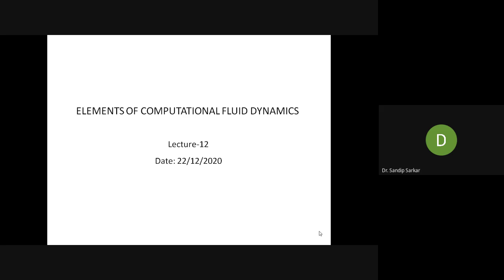So for that, we have started a discussion that there is a popular method for the solution of two-dimensional flow problems, which we call the stream function vorticity method. That is the method by which we can solve the nonlinear partial differential equations, which are the Navier-Stokes equations.